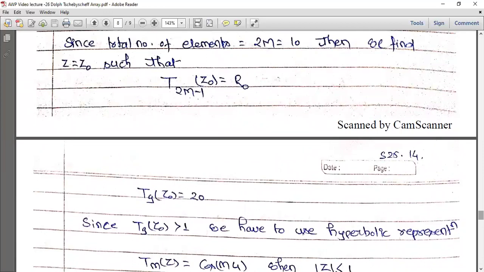Now, at this point, we have to think of a couple of things. Number one, we had understood that Chebyshev polynomial has two definitions. If the magnitude of Chebyshev polynomial is greater than 1, the definition will be in terms of hyperbolic cosines. But if the magnitude is less than 1, it is defined in terms of cosine functions, as I have defined here.